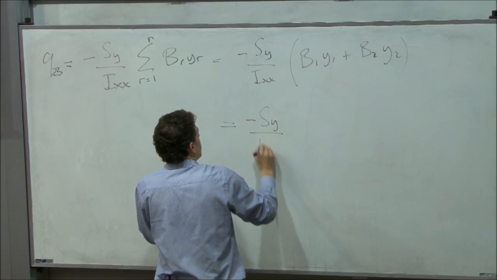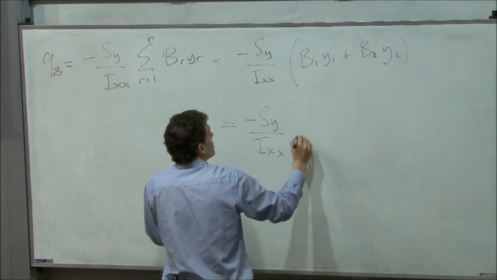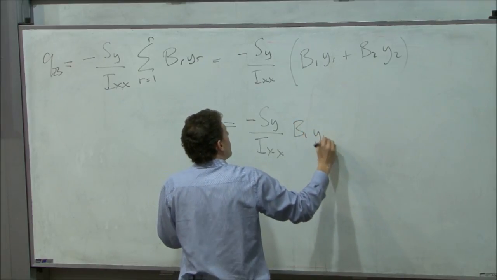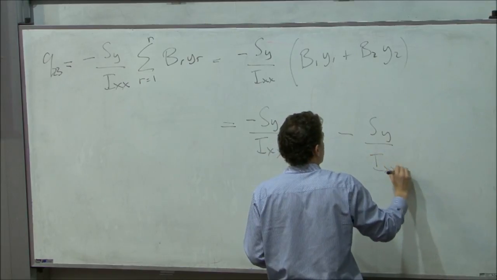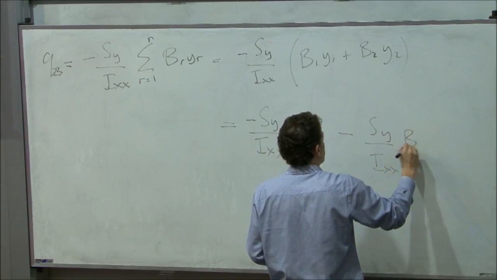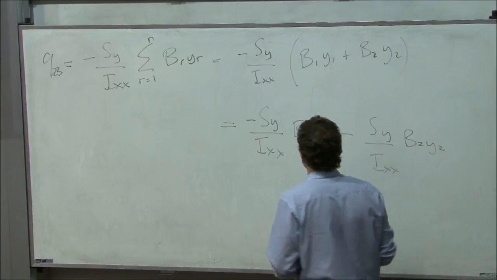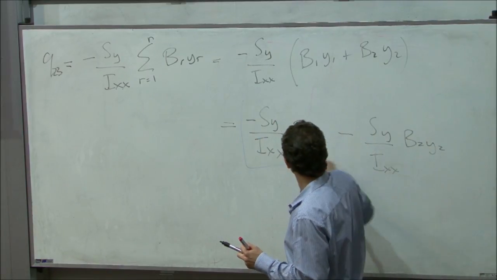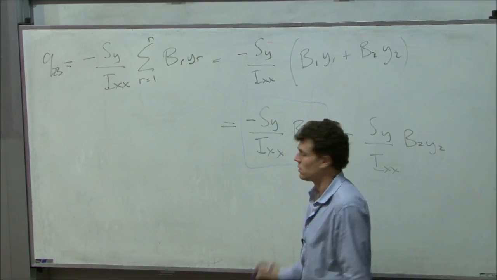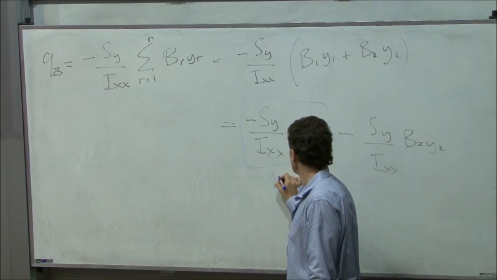Minus SY on IXX, B1, Y1, minus SY on IXX, B2, Y2. Now the reason we would separate that is that this we've already calculated. This is Q12.